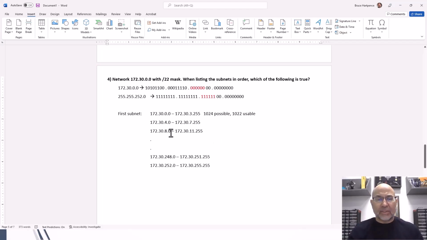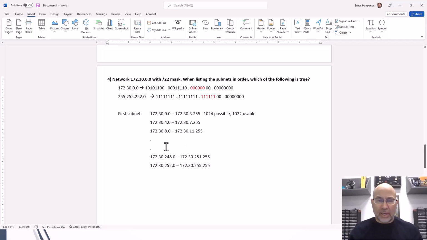Well, what's the next subnet? 172.34.0. Okay, so that pattern would be 0.000000100. Now we fill in all ones to get the highest. Well, it turns out that that would be 172.37.255. Now, looking right here, I added 4.